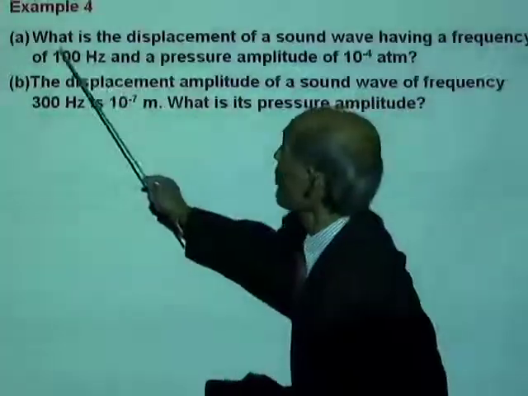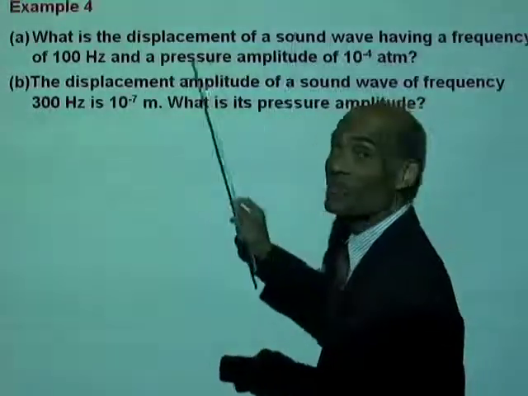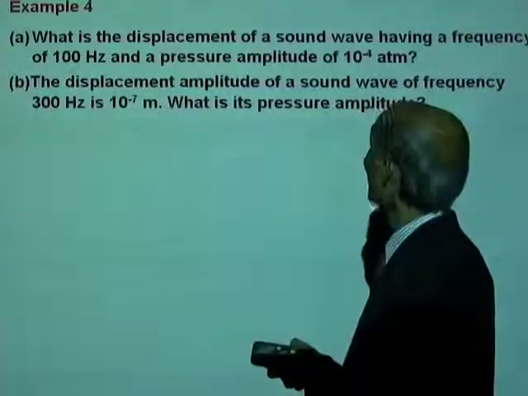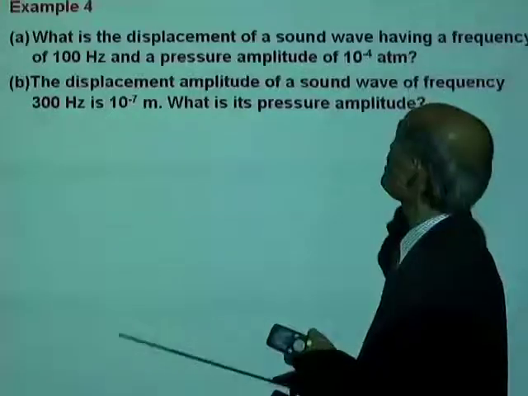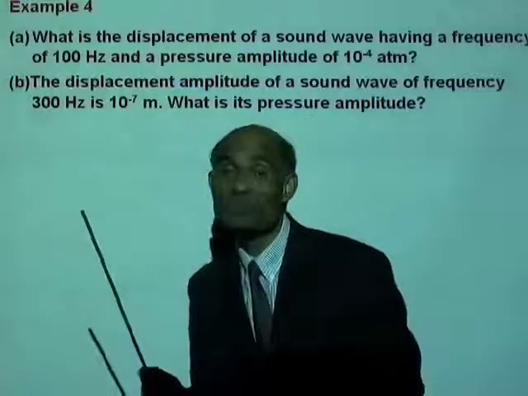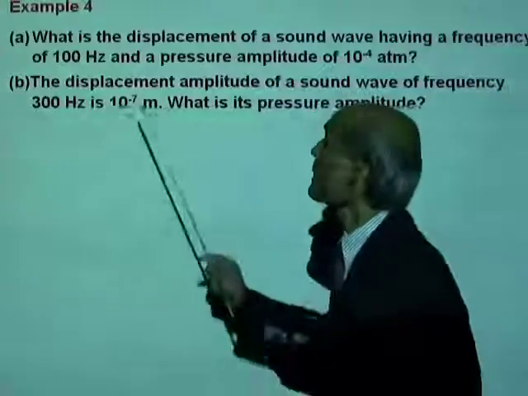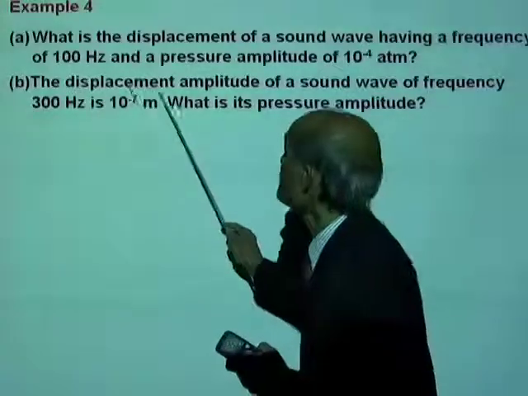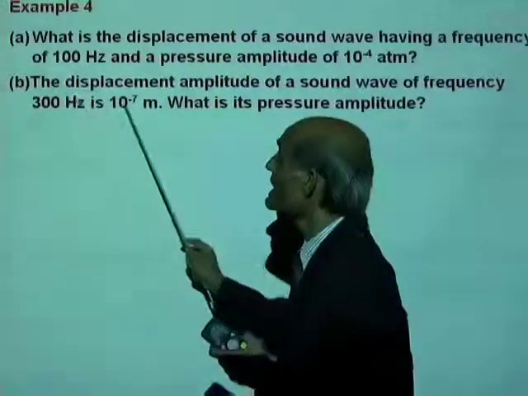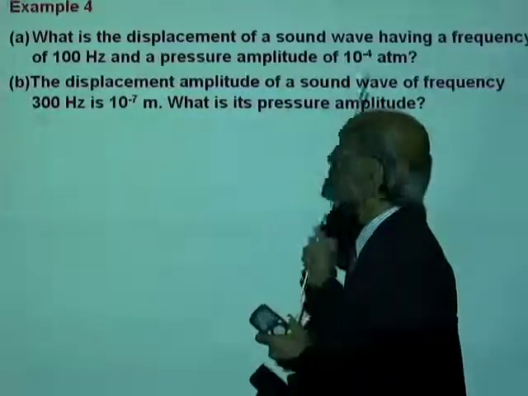Example 4. What is the displacement amplitude of a sound wave having a frequency of 100 Hertz and a pressure amplitude of 10 to the power of negative 4 atmosphere? Well, you know there is a relationship between pressure amplitude and displacement amplitude. And part B, the displacement amplitude of a sound wave of frequency 300 Hertz is 10 to the power of negative 7 meter. What is its pressure amplitude?